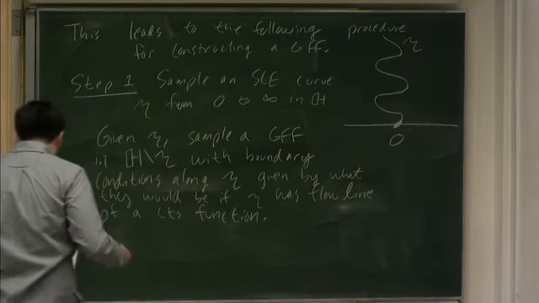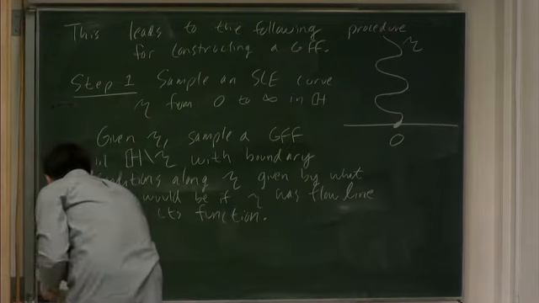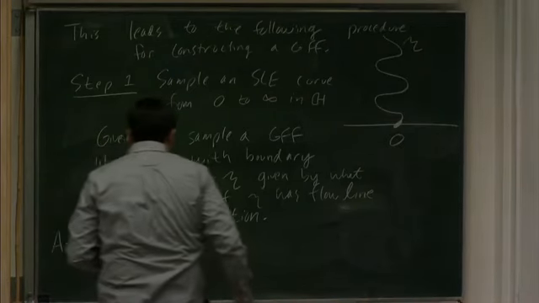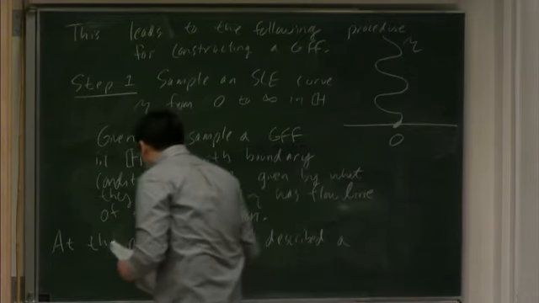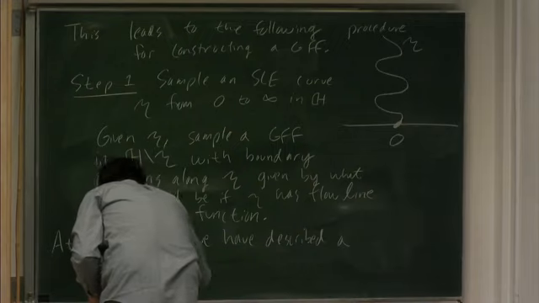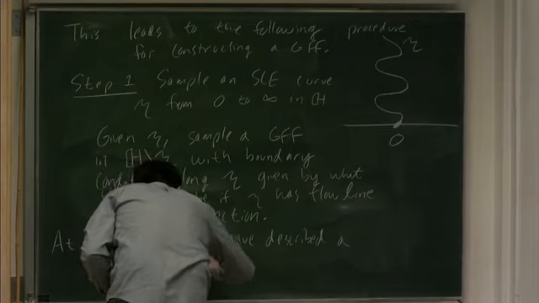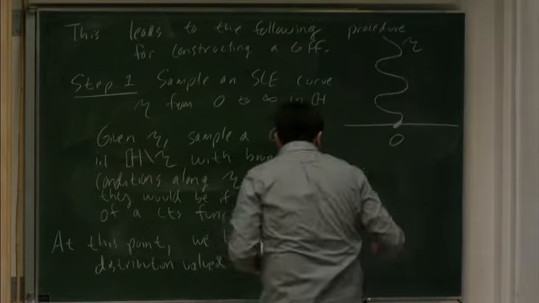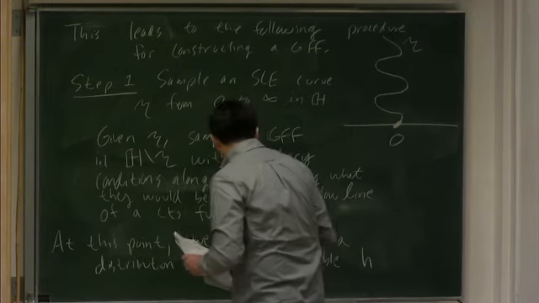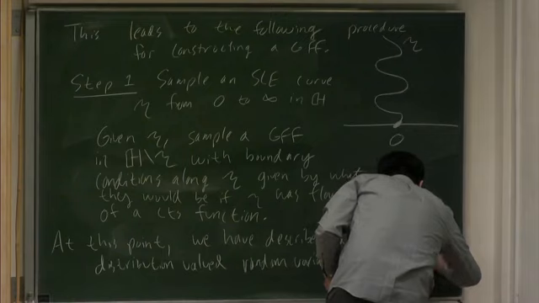Okay, so in this first step, what have we done here? At this point, what we've done is we have described a distribution valued random variable, let me call it h, and it's defined on the upper half plane.